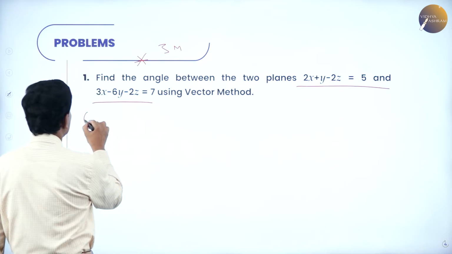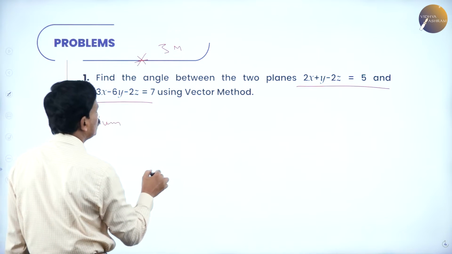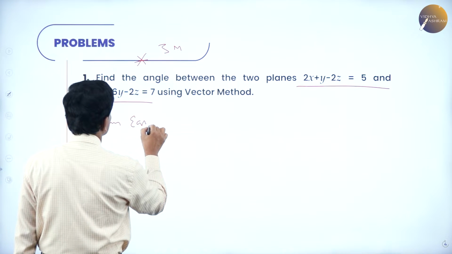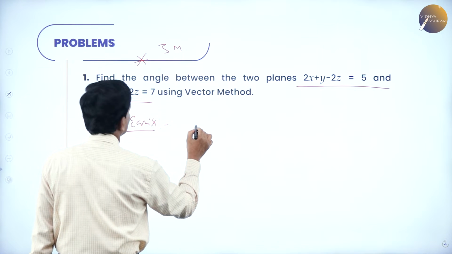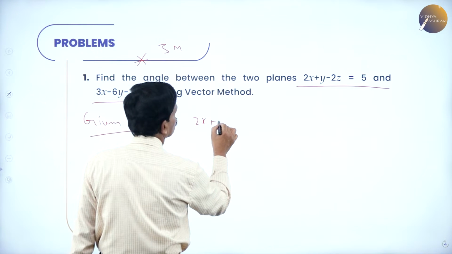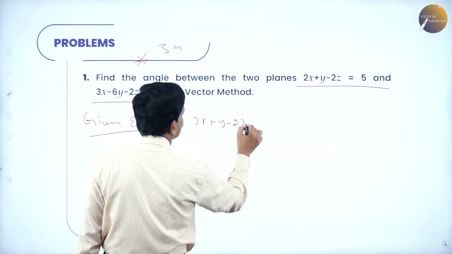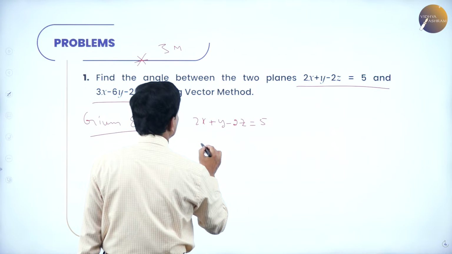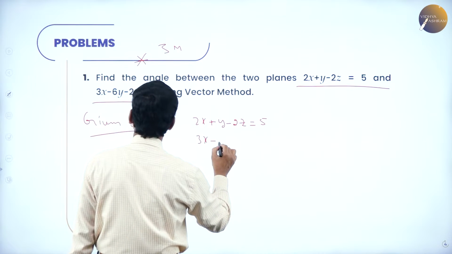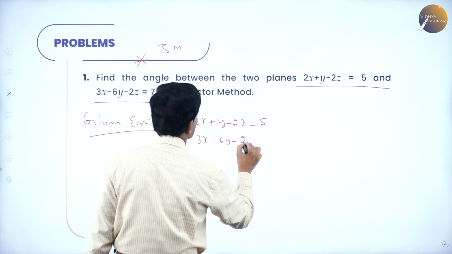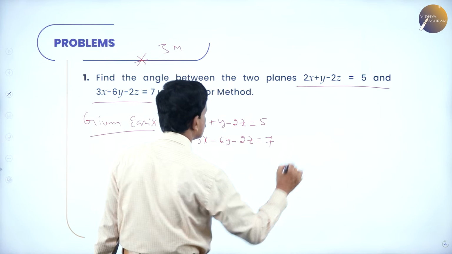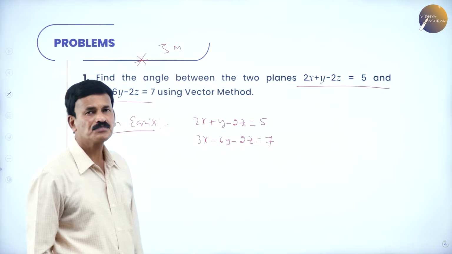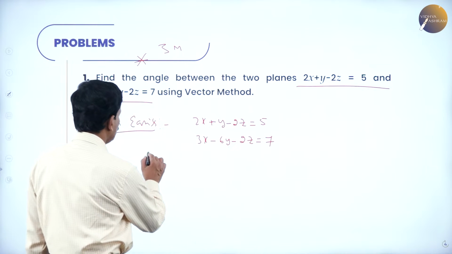Now, what is given? The given equations are 2x plus y minus 2z equals 5, and another equation, 3x minus 6y minus 2z equals 7. Here the normals are n1 and n2.